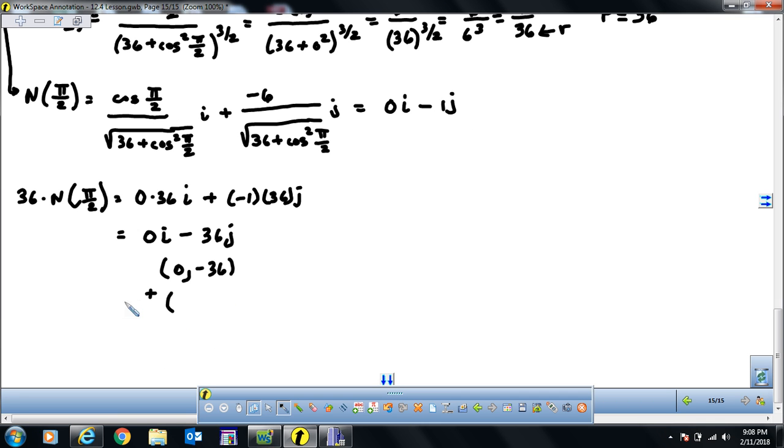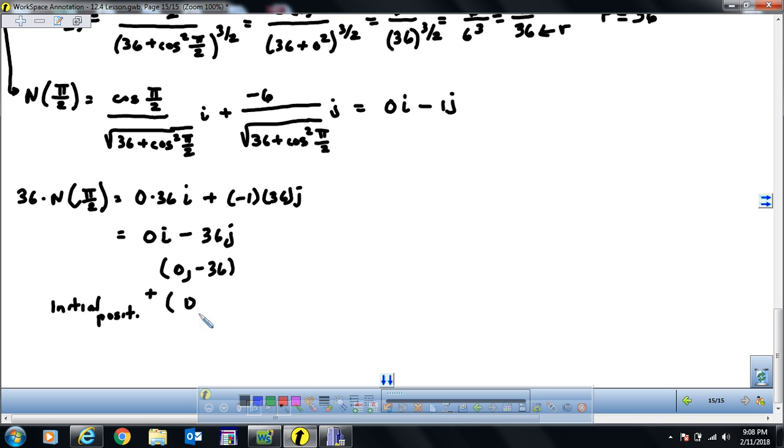So plug in the initial position. The initial position is 3 pi, comma 1.